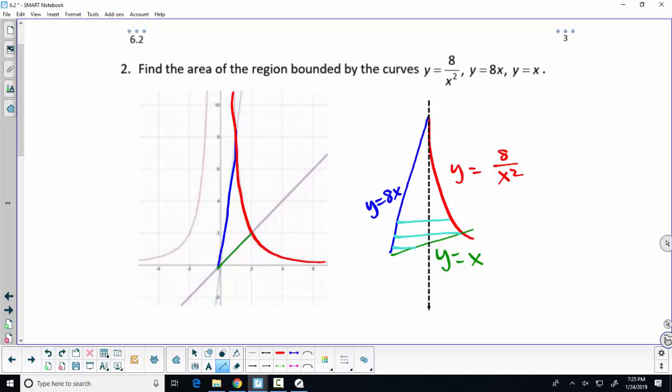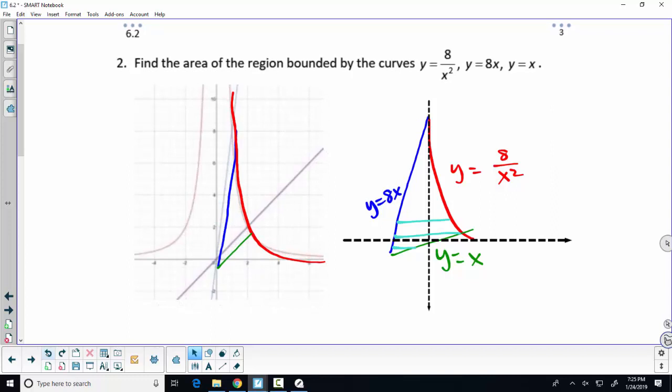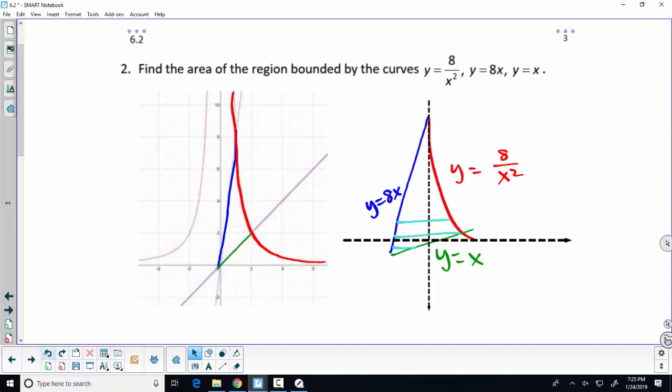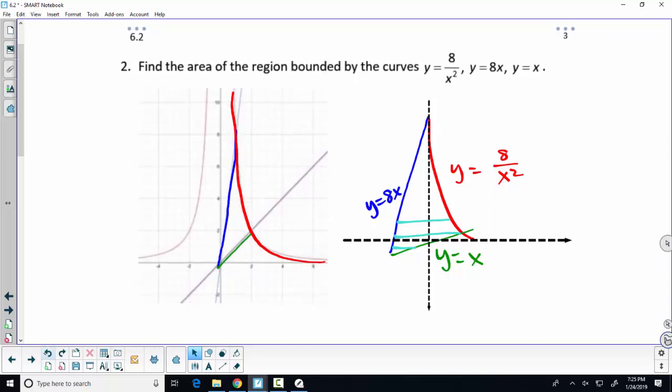If we integrate with respect to y, that's our threshold where we have to change the bounds on y. But anyways, we would have to switch bounds and split this up into two different regions regardless of what variable we're using.